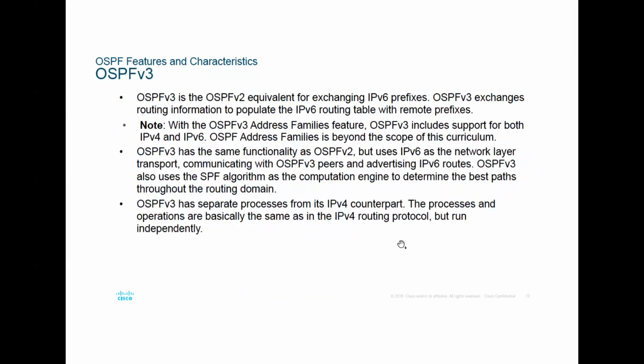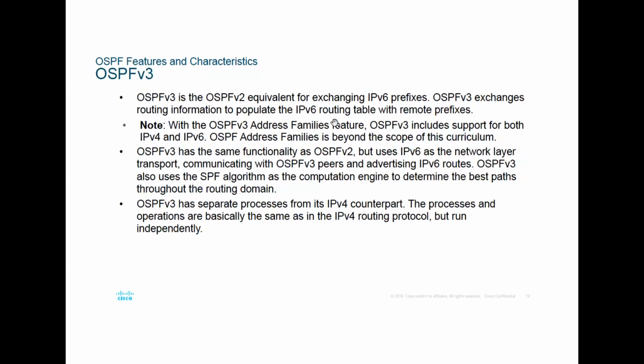All right, so version 3. OSPF version 3 is the enhanced version of OSPF version 2. Basically, version 3 is designed for exchanging IPv6 prefixes. So OSPF version 3 exchanges routing information to populate the IPv6 routing table with remote prefixes.